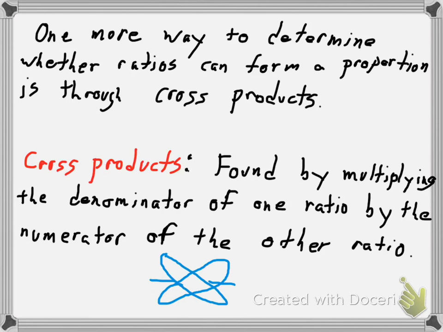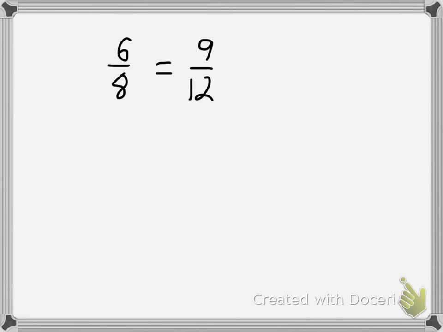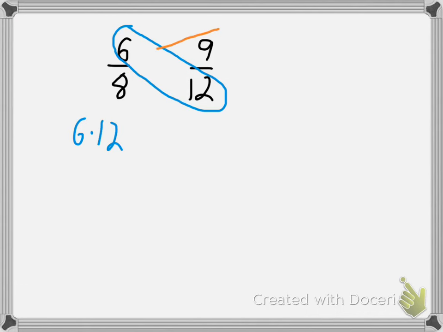So let's look at an example of that. I have 6 over 8, and I want to see if it's equal to 9 over 12. I want to test to see if these are really proportional. So actually, I'm just going to erase that, because I shouldn't know if they're equal yet or not. I'm going to use cross products, meaning I'm going to multiply the 6 times the 12, and then I'm going to multiply my 8 by 9. 6 times 12 is 72.